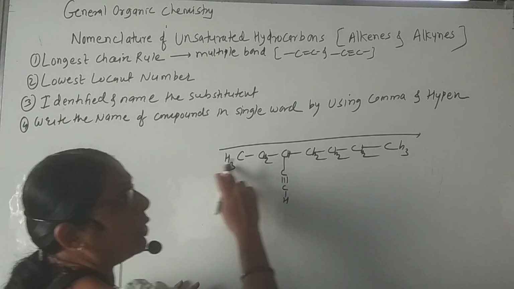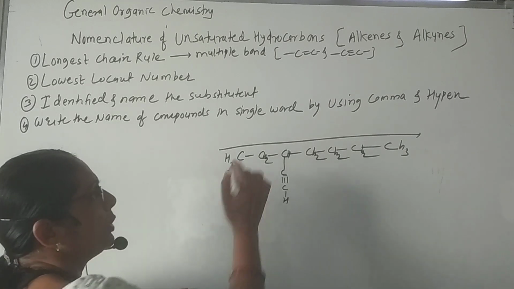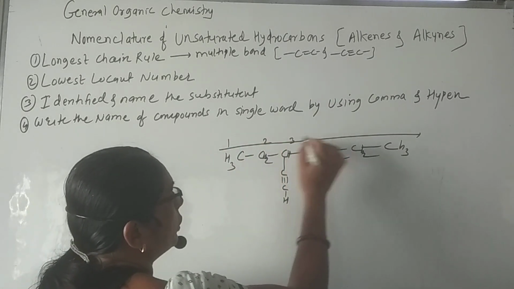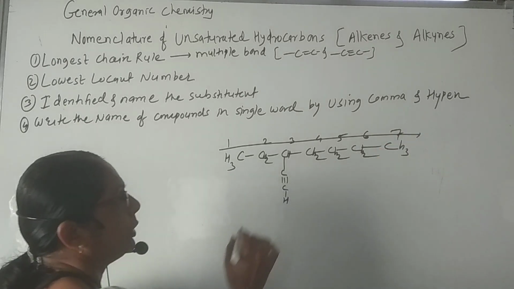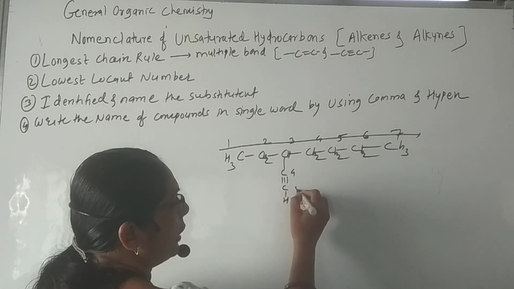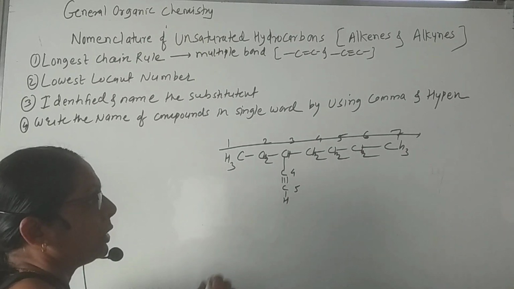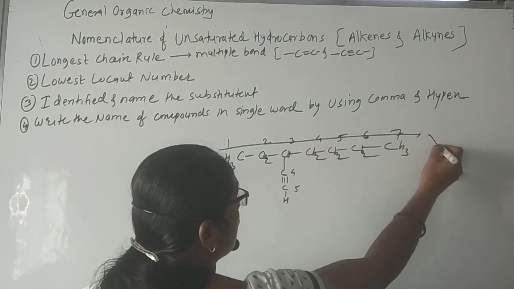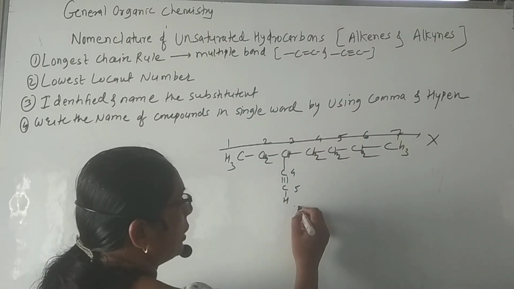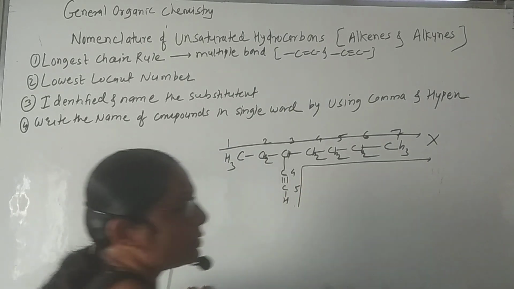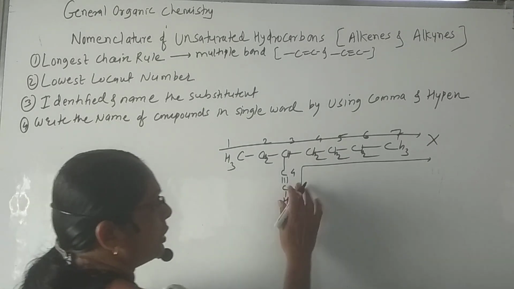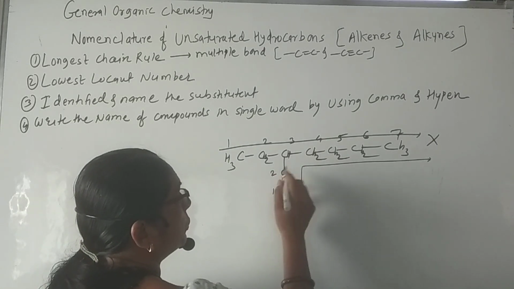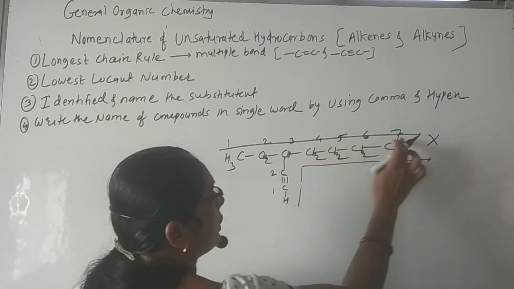In the alkyne we do not select this chain as the longest, though it has 1, 2, 3, 4, 5, 6, 7, seven carbons. If you consider this other one, it has five carbons. But we have to select this chain because it contains the functional group. So our chain is now 1, 2, 3, 4, 5, 6 and 7.